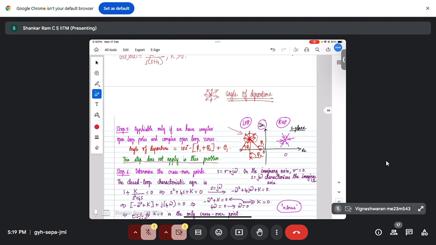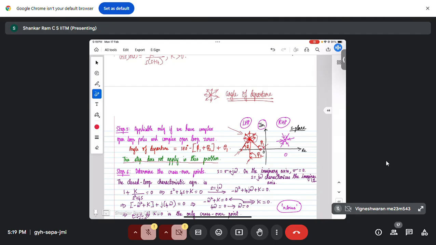How do we do that? Still, please note, the open loop transfer function has to satisfy the angle condition for a particular value of s to be a closed loop pole. So let us say, without loss of generality, there is an open loop pole here, an open loop pole here, and an open loop zero here. We draw vectors from the other open loop poles to this particular pole.